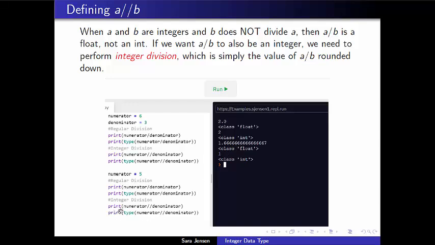When I ask Python to do integer division on 5 divided by 3, it throws away the entire decimal, even though mathematically we would typically round up if the decimal is greater than 0.5. A computer will throw it away no matter what the decimal is and just take the part that comes before the decimal point. So that's how integer division works and precisely what is being done when you perform integer division.